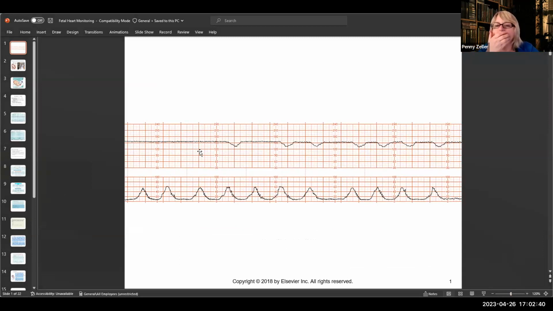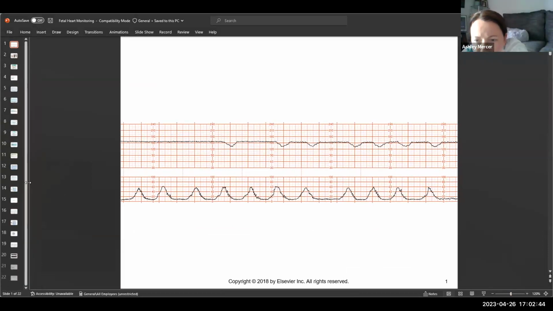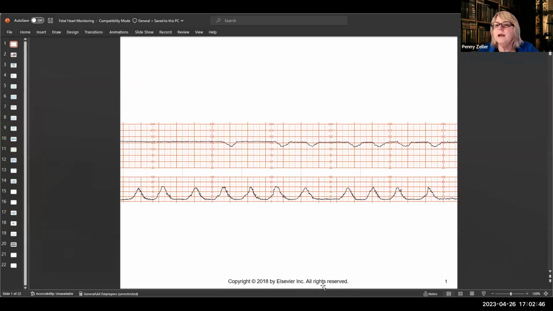Can you see it? Is it 150? Yes, it's about 150. And then you notice it drops down a little bit. Those are called decelerations because they're slowing down. The heart rate is slowing down.